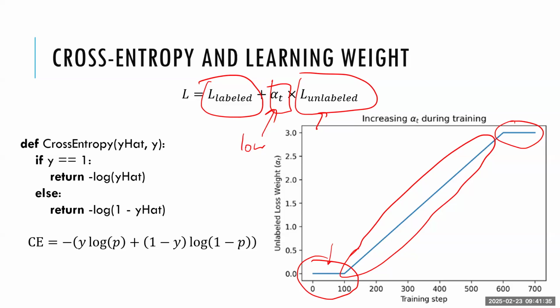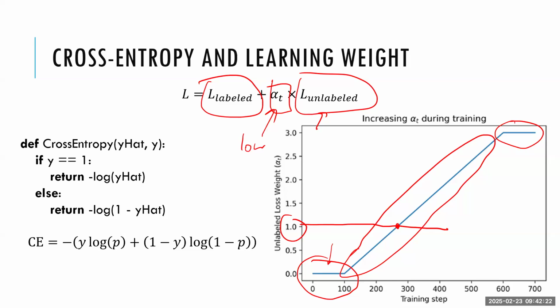This weight captures the intuition that at the beginning, we don't trust the pseudo label, but later on, when we have a stronger model, we can trust more, so we can increase the weight. So as you can see, a learning weight of 1 means that we have equal emphasis on both labeled and unlabeled. But with this graph, we actually put more weight on the unlabeled.